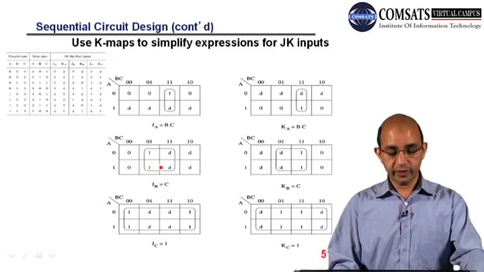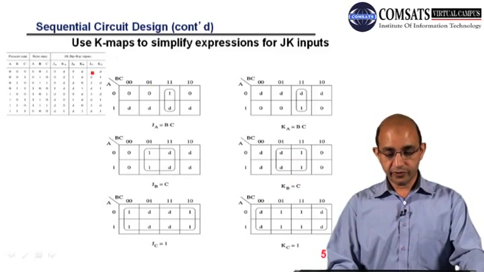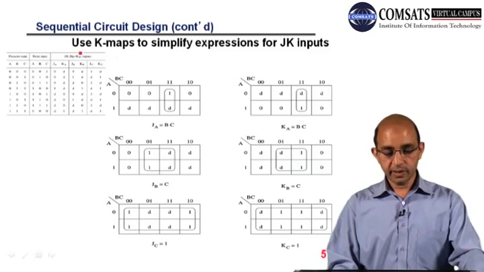So 1 1, we have a square as a result of this grouping. So after simplification for JB we have C, and again for KB, you can see we have 2 1s and then we have D's, mentioning don't cares.